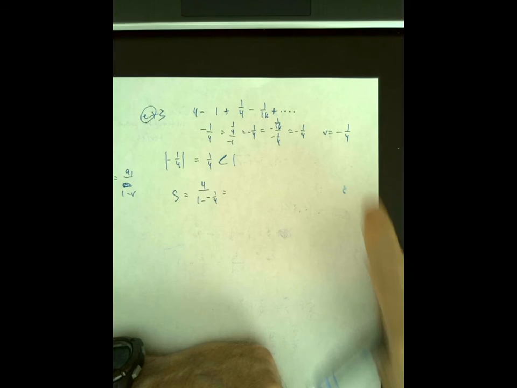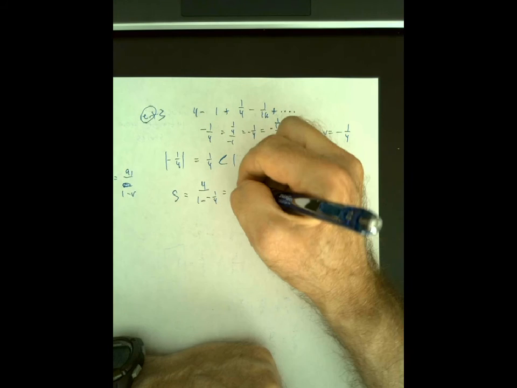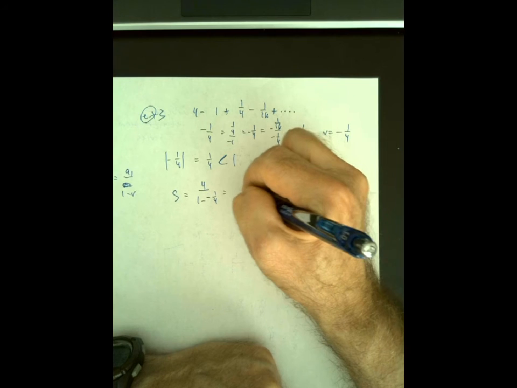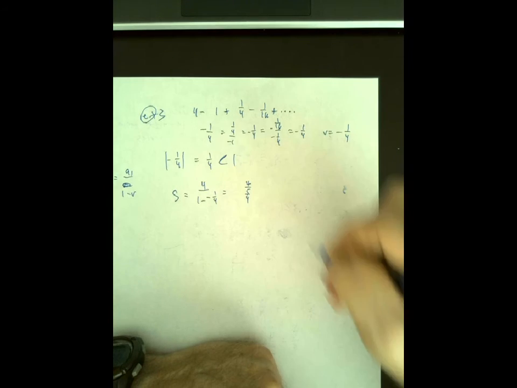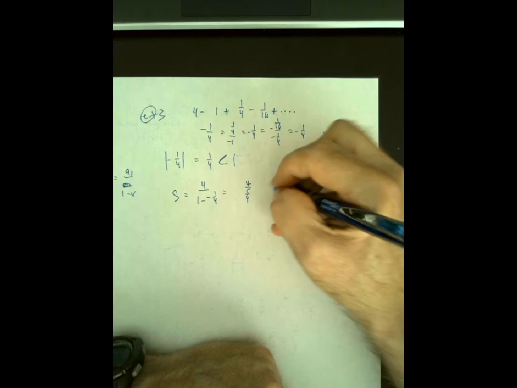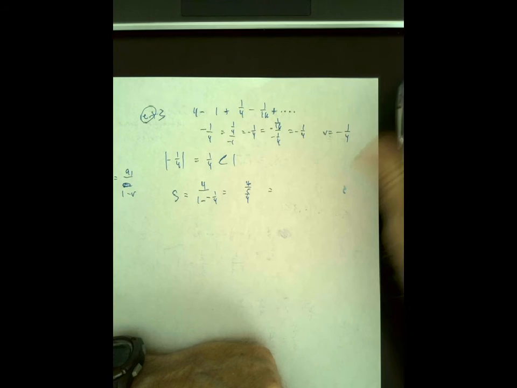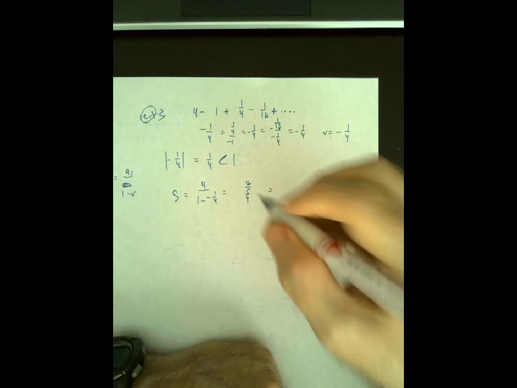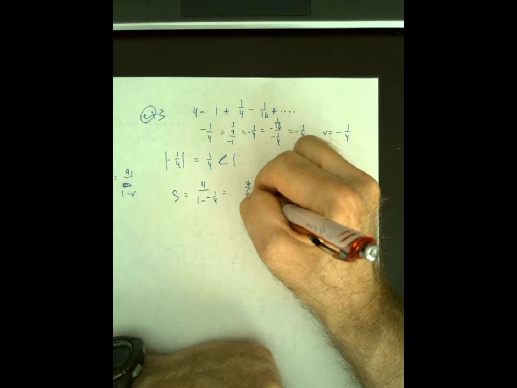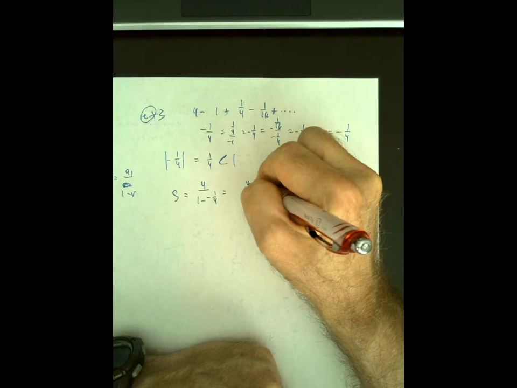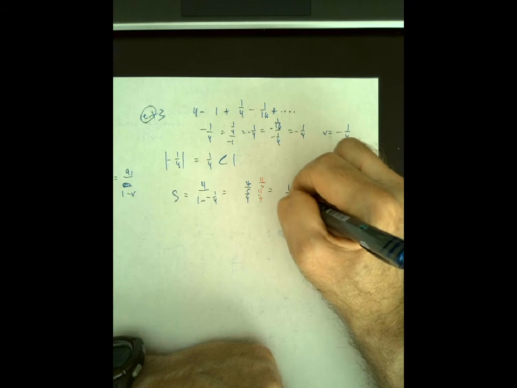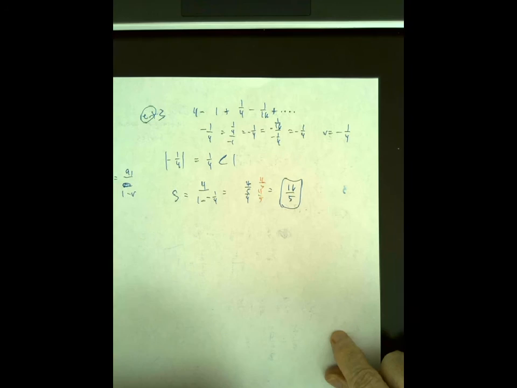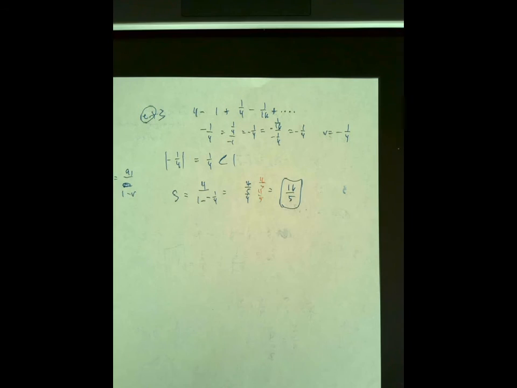Because we have to use the R there, it's minus negative, so that's 4 divided by 5 over 4, if we add those fraction-wise. And to simplify that, we multiply by the reciprocal, right? And we get 16 over 5 would be the sum of that convergent series.